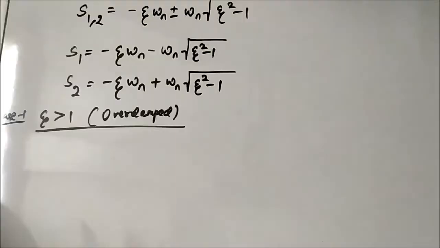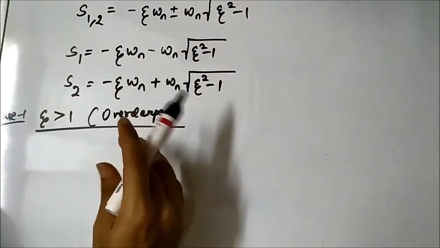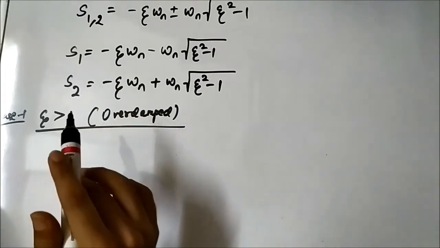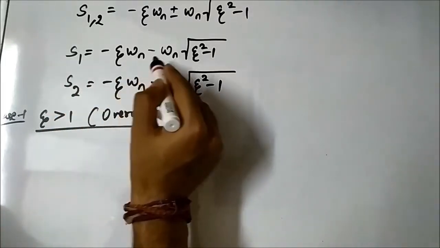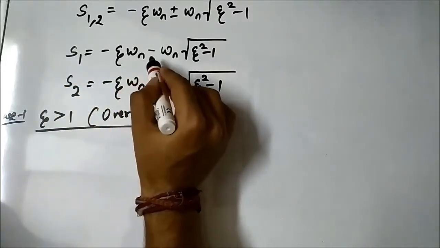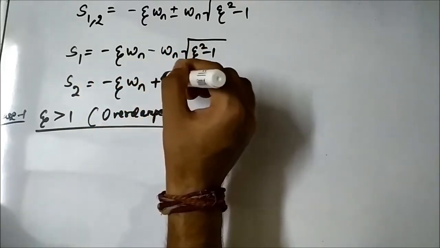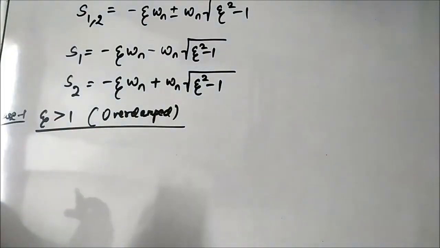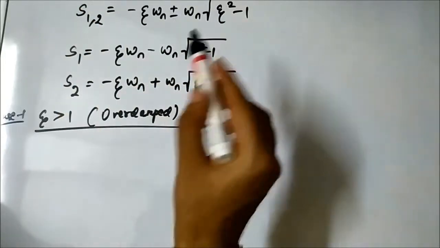Okay. So let us consider the first case in which zeta is greater than 1, which is the overdamped case. So here the value of S1 and S2 will stay the same. That is, S1 will be equal to minus zeta omega n minus omega n into root over of zeta square minus 1, and S2 will be minus zeta omega n plus omega n into root over of zeta square minus 1. Okay, because zeta is greater than 1.